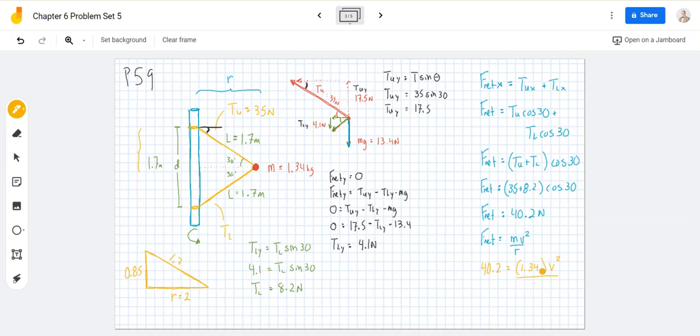Clearly. Sorry. R is equal to 1.47. Yeah, the leg can't be longer than the hypotenuse.